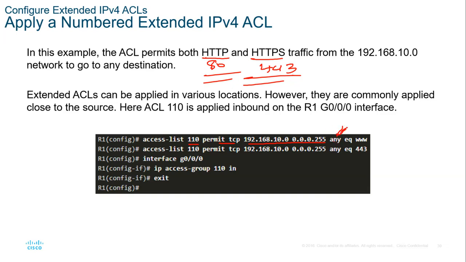The protocol here is World Wide Web, 80, which is the same as HTTP. Then the second one is 443, which is HTTPS. After that, the access control list has to be attached to an interface. So this is our interface, and it's ip access-group 110, and the direction is in.